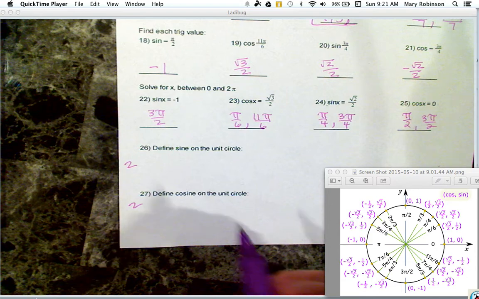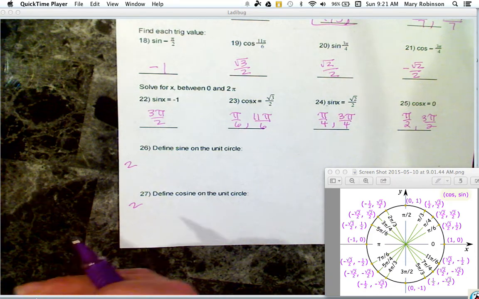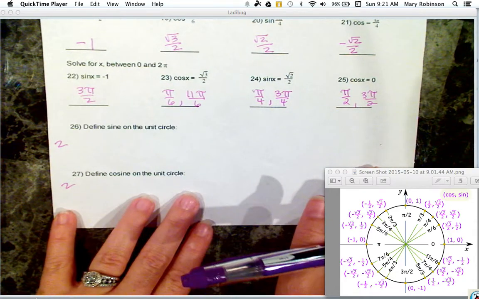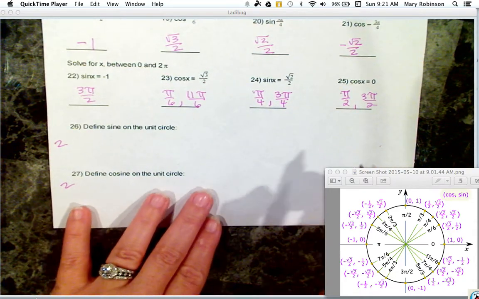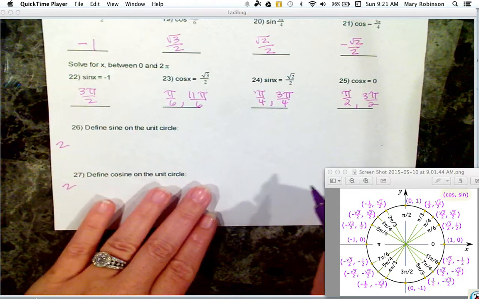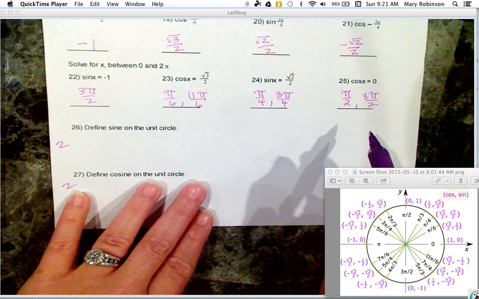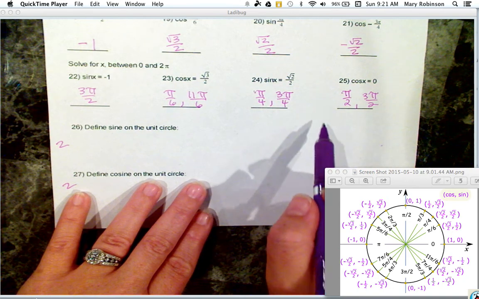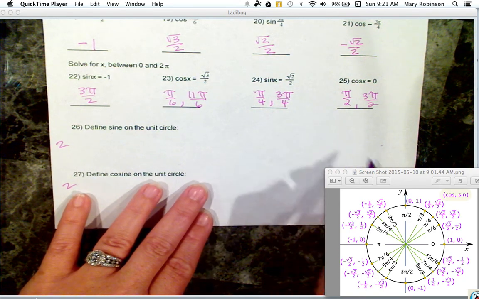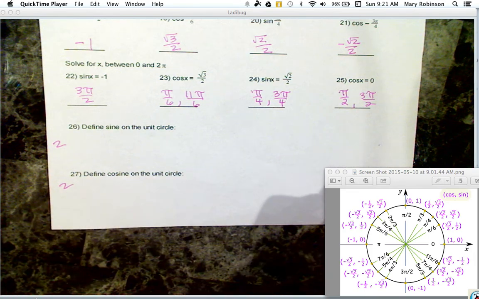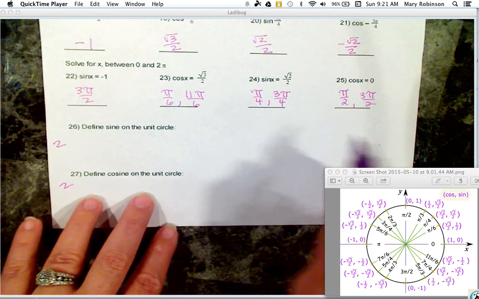And lastly, you're asked to define sine on the unit circle and then cosine on the unit circle. Recall from the radian activity and building the unit circle that our sine value is the y-coordinate of all those coordinates on your unit circle. Sine is your y, so that's your vertical distance from the x-axis to a point on the circle.